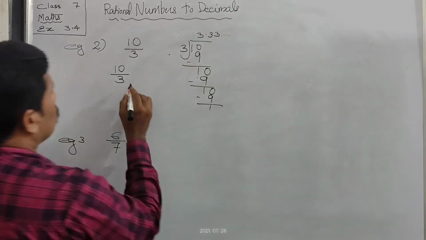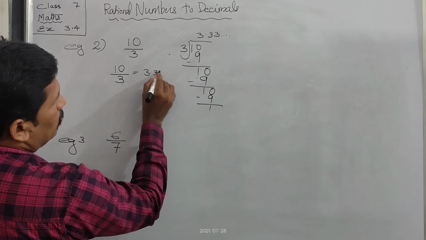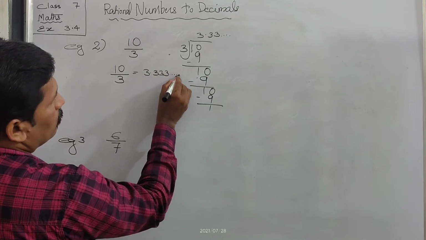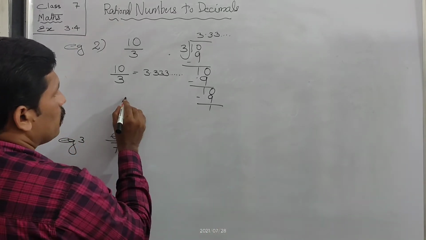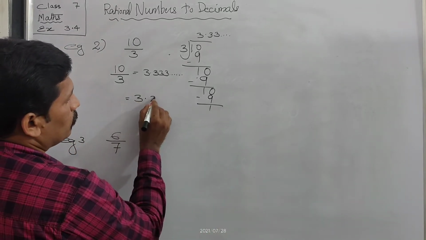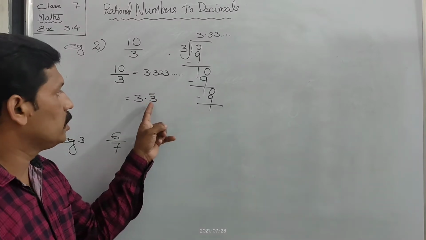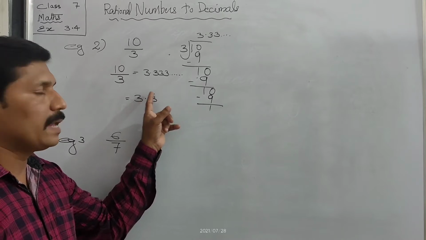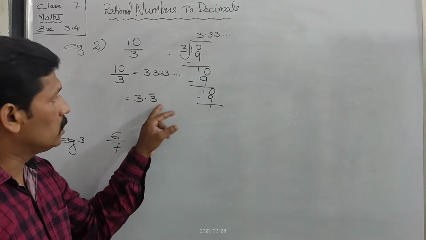So 10 upon 3 is equal to 3.333, like that it will continue. As the digit is repeating, we can write a bar over the repeating digit. Which digit is repeating? Above it we place a bar, a line, that means this digit is repeating.